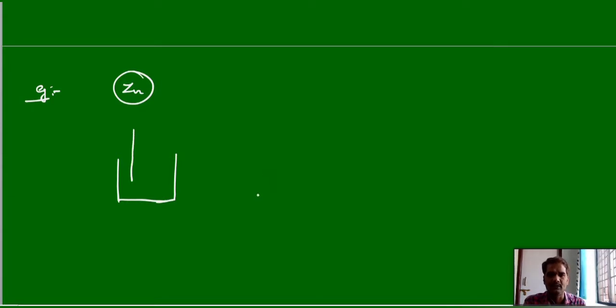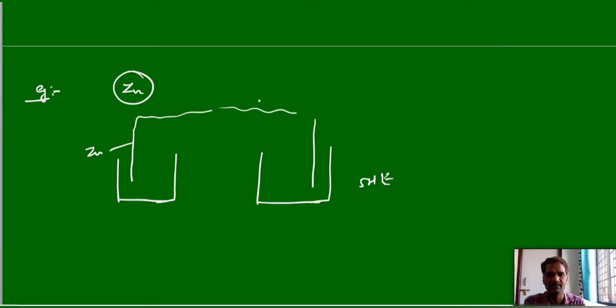We take one half cell and connect it to the hydrogen electrode. This is a standard hydrogen electrode, and this is a zinc electrode. These two can be connected externally with the help of an ammeter and internally through the salt bridge.